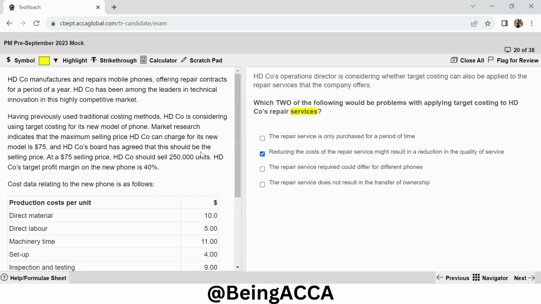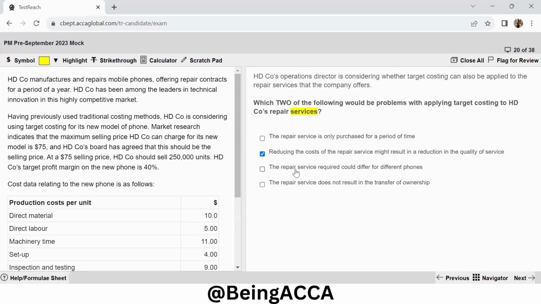Since they are performed by human beings, uniformity is not something that is assured with services. So if you set a target cost that only this cost you have to incur in giving the service, maybe this will result in a reduction of your quality of service because you are trying to do it at a cheaper price, right?